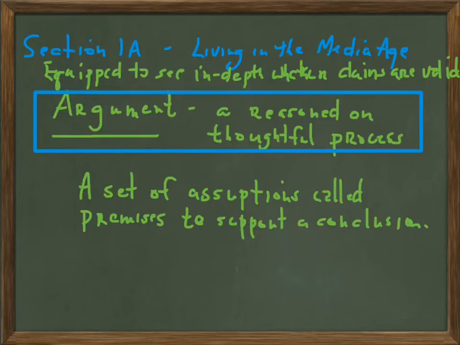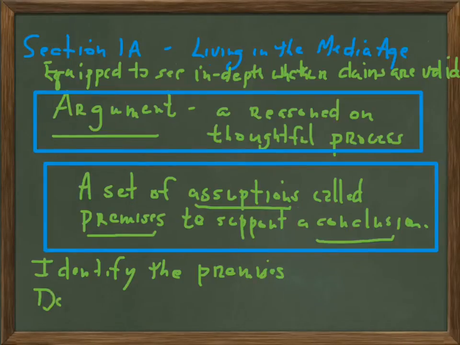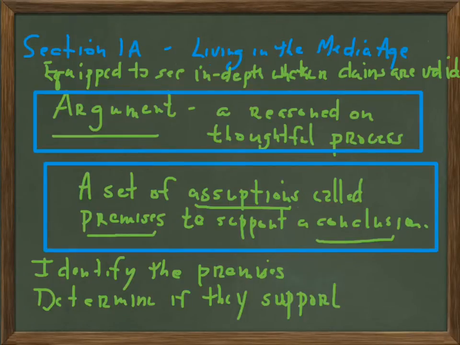Another definition that we'll have for an argument is that it is a set of assumptions called premises that will be used to support a conclusion. In each argument that we encounter, we will first identify the premises, and then we will determine if the conclusion is valid or if they support the conclusion.